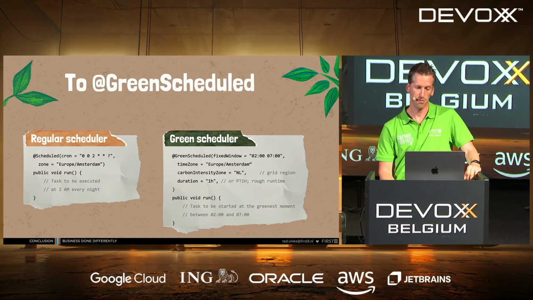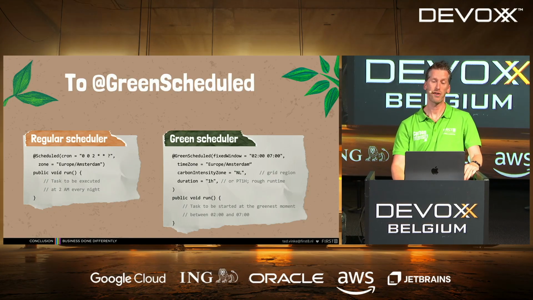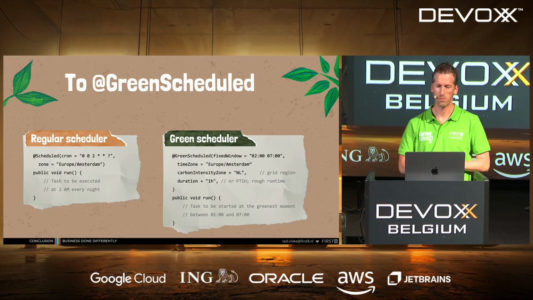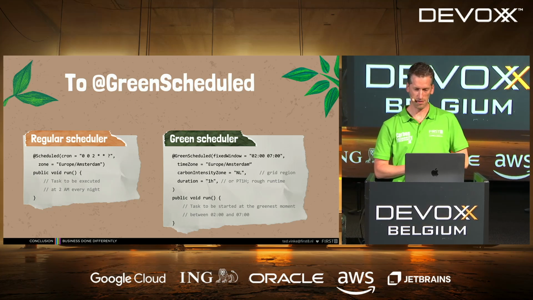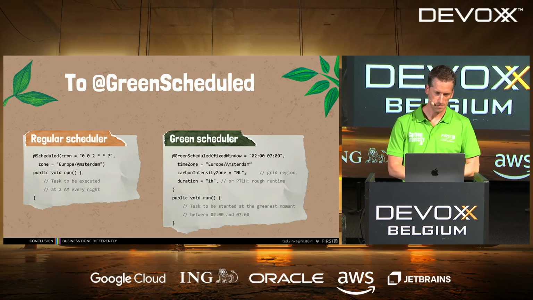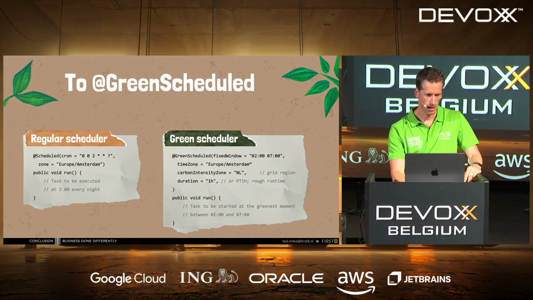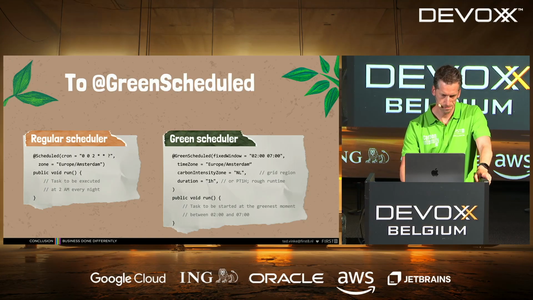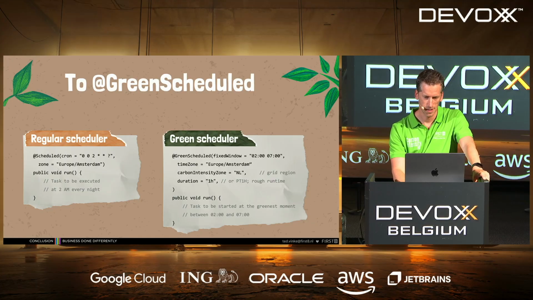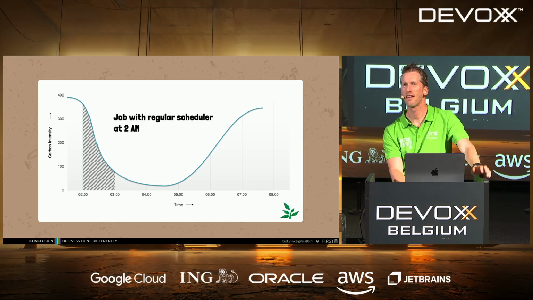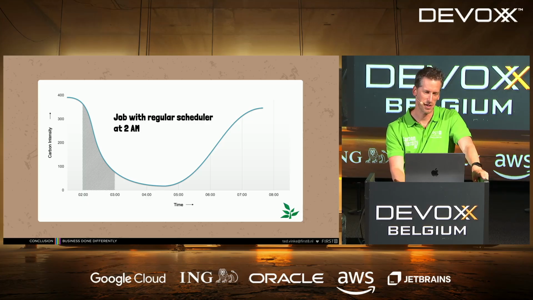And yeah, we have a carbon intensity zone for fetching carbon intensity data. Like you see in the example, NL for the Netherlands, and this maps to an area at ENTSO-E. And yeah, the regular time zone, which was already there with Spring also. It's hard to see any questions, so if there's anything, just shout, okay?